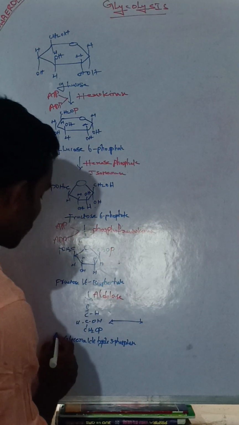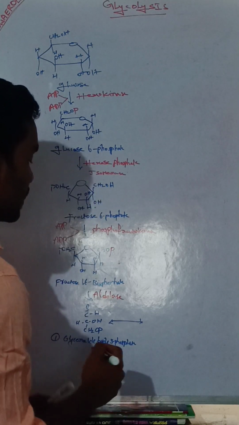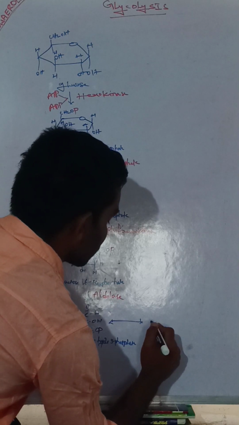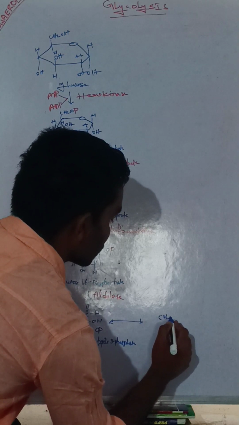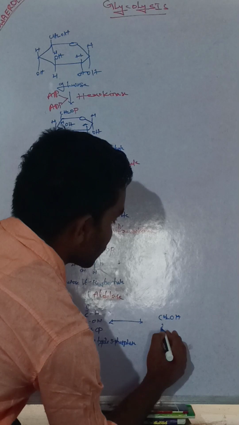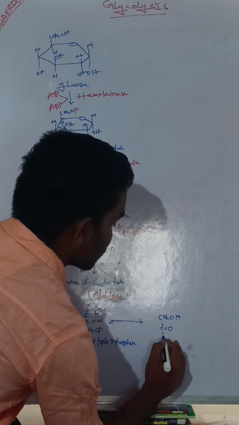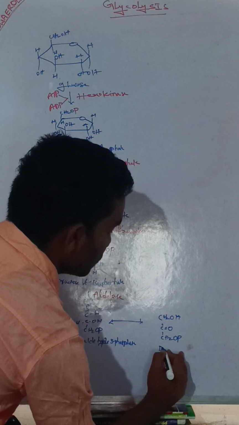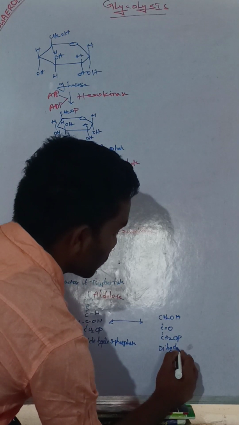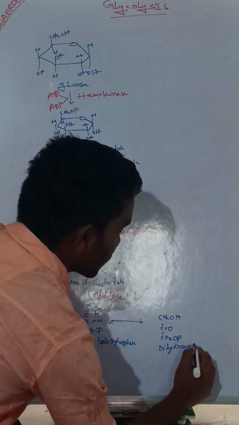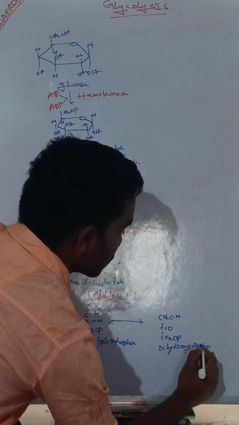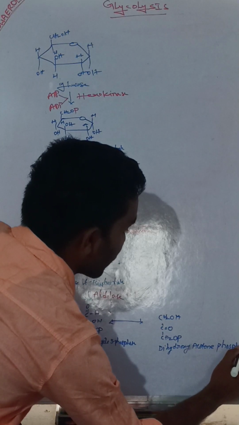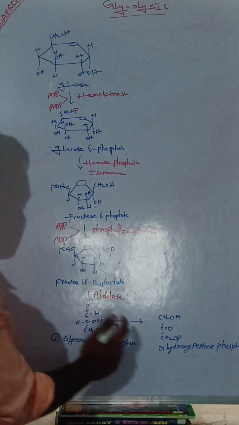This is the one molecule. Another molecule is dihydroxyacetone phosphate. This is the second molecule.